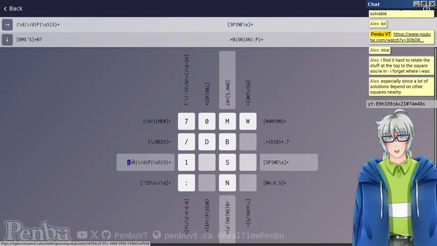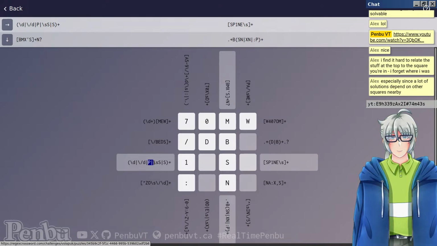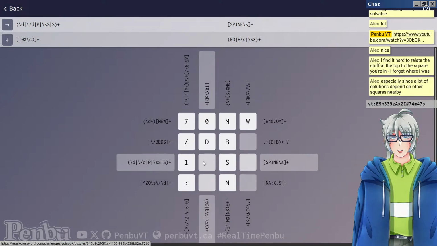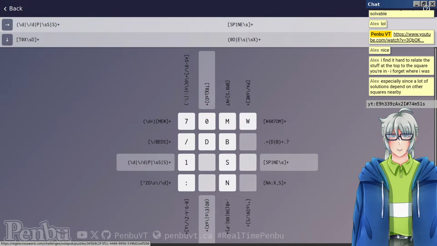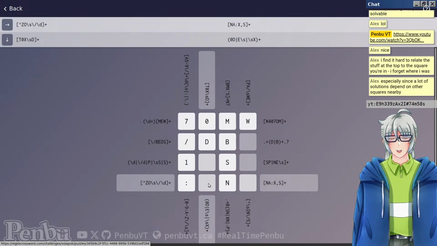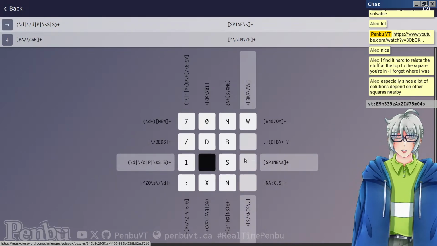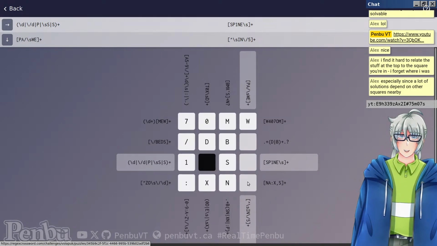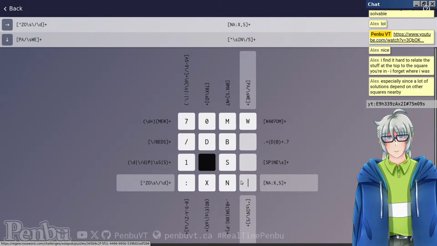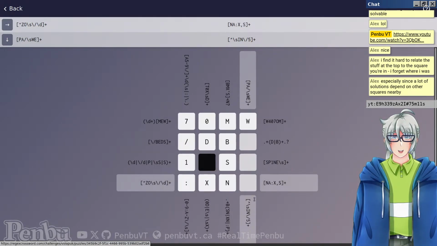So we have digits, or P. It could be a space. It might not be a space, because we have a single S here. Space is allowed here, space is also allowed here, but only after an X. Can this take an X? It can. I'm going to take a bit of a leap of faith there and do that. We'll find out if it's wrong later. What else do we have?